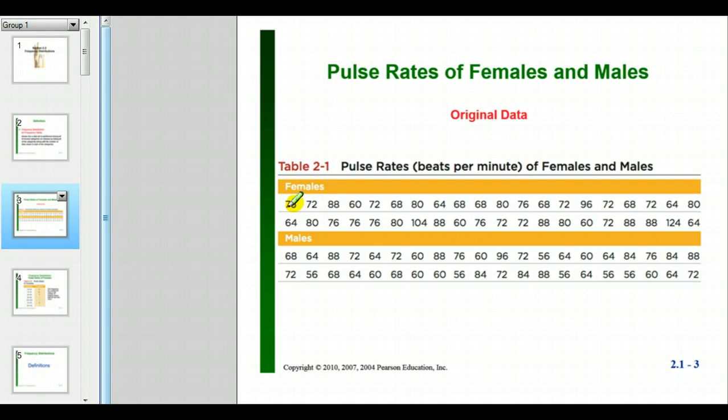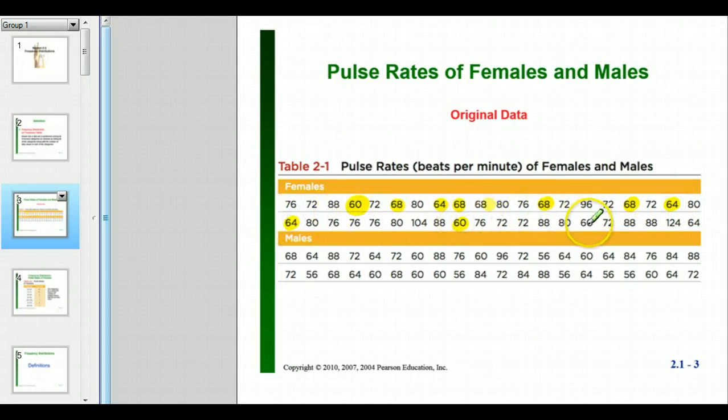If I look at the numbers in the 60s, there's a 60, something in the 60s. So these are all the numbers that fall in the 60 range.